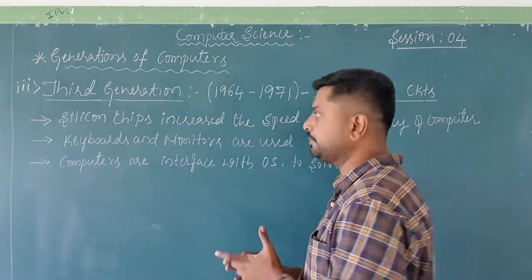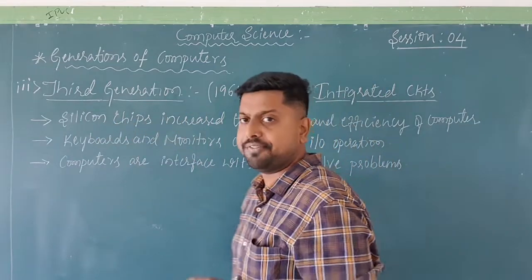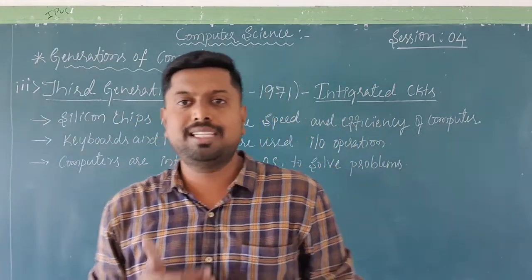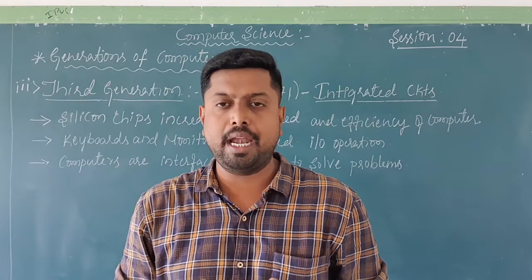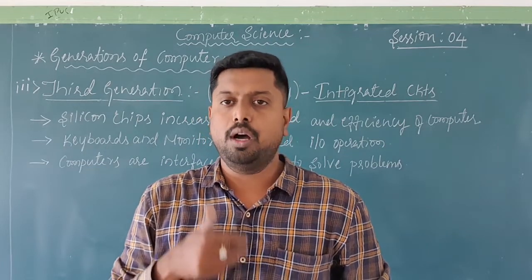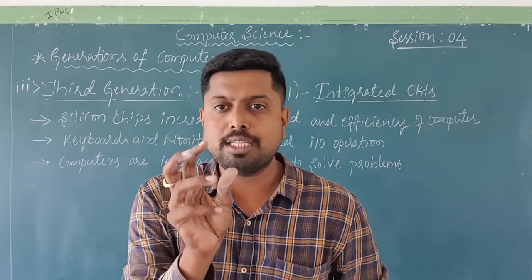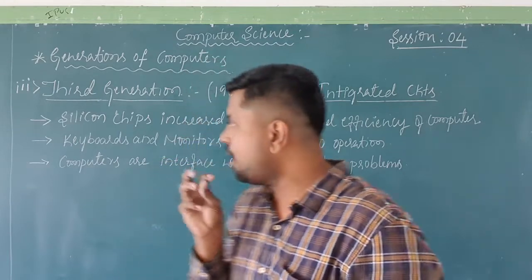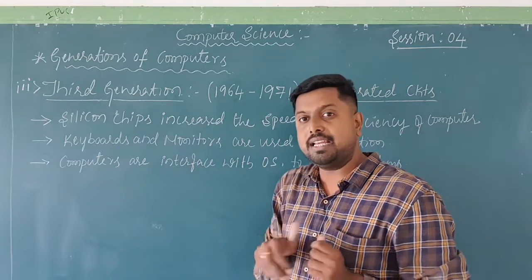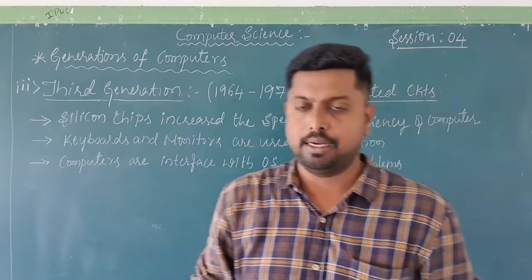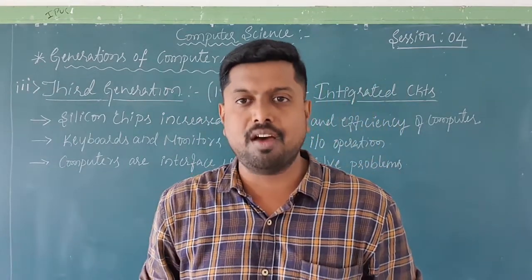Let us see one by one. In the third generation of the computer, silicon chips are used to make ICs. For manufacturing ICs, we use silicon chips. When we use silicon chips, it increases the speed and the efficiency of the computer.